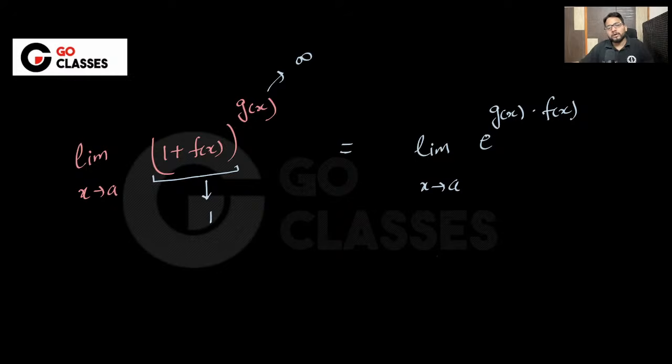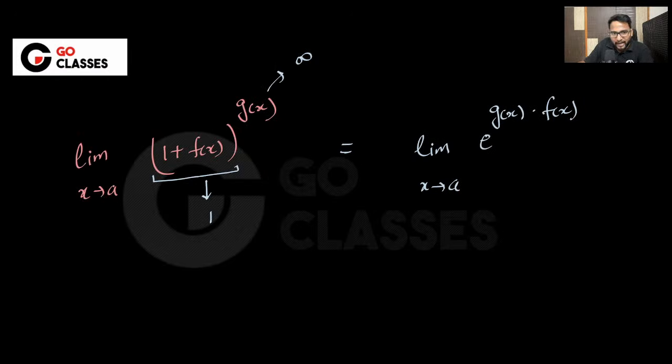Okay, so I hope you guys understood. So basically, we need to take this outside, and then we need to subtract 1 from here. First of all, can you tell me why I'm saying this must be going to 1?